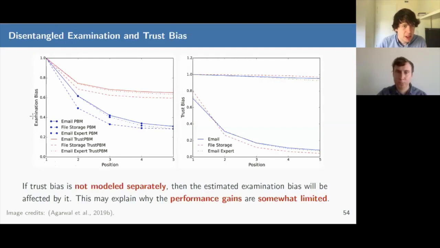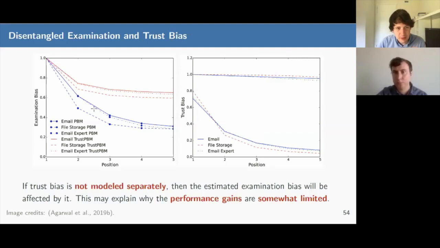And this is the examination bias, the probability that this document is going to be observed, according to the classic position-bias-only model that we saw in the previous section, and this new model, which addresses both trust bias and position bias.